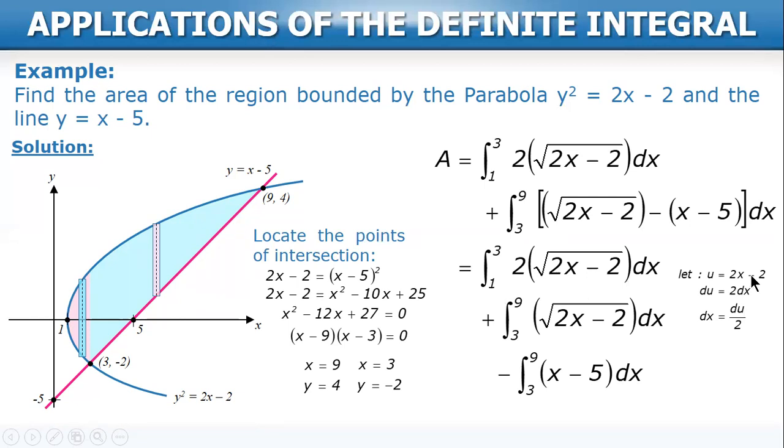And when x equals 3, 3 times 2 minus 2, 4. 0 to 4. So sa second integral, when x is 3, you have 4. And when x is 9, 2 times 9, 18 minus 2, you have 16. Okay, so 0 to 4, 4 to 16.